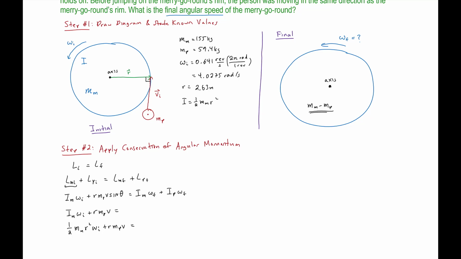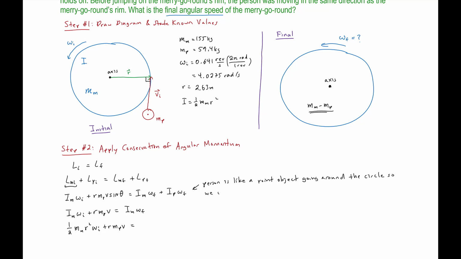And now the question is, how can we represent the moment of inertia for both of these objects? We already know we can represent I_m as 1/2 m r squared, but for the person, the person is like a point object going around the circle.